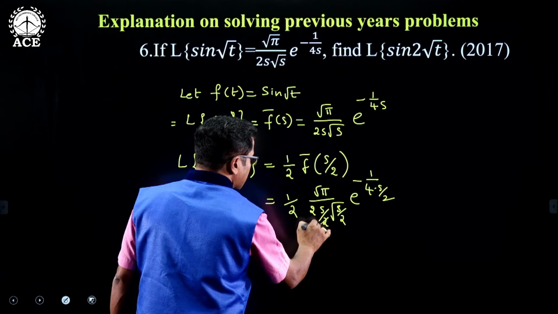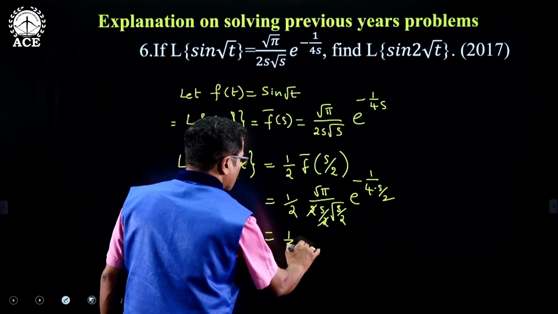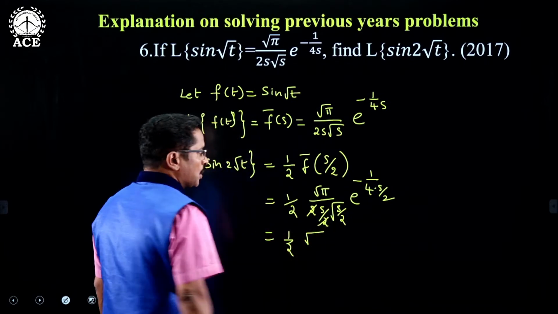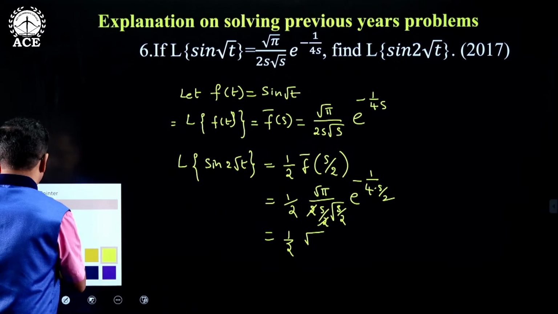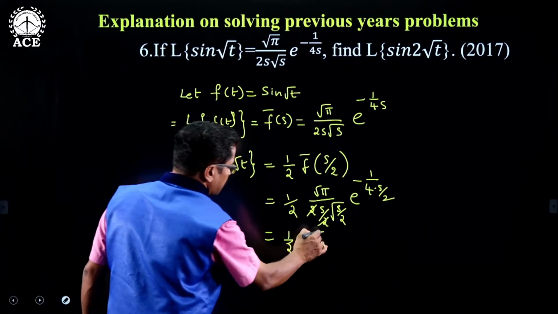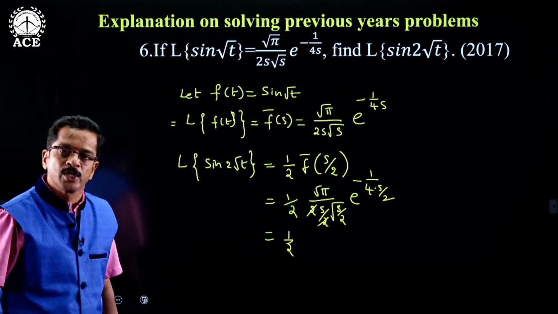So the 2 gets cancelled, which equals 1 by 2 into root pi. Here we can write this total as root pi by root of s by 2.